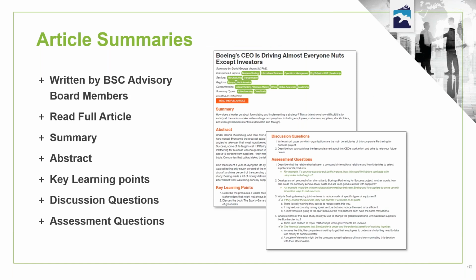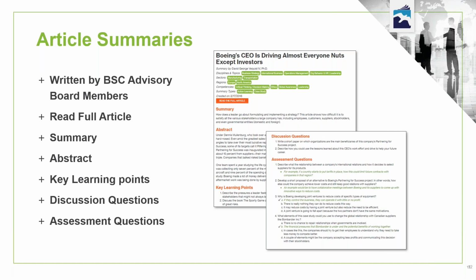As I mentioned before, the article summaries are written by our advisory board members who are the subject matter experts. They're often instructors in the field. Actually, I think they all are instructors in the field. And many of them also have personal experience working in their respective fields as well.